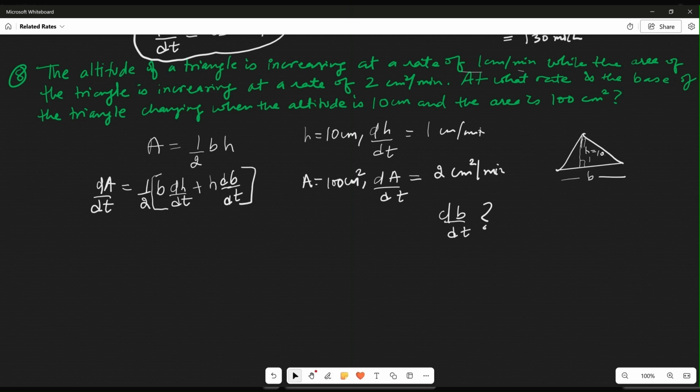Okay, we are given dA over dt is 2, half, and we have b as the base.